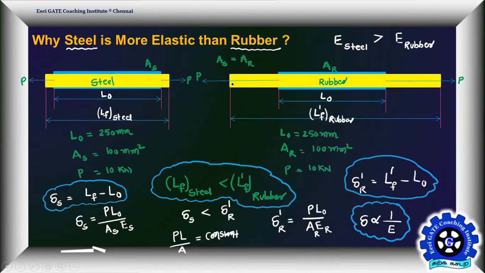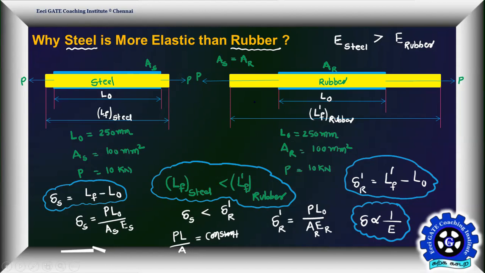Higher the deformation, lesser the chance of coming back to original position. The ease of coming back to original position is nothing but elasticity, and lesser deformation means steel will come back to original position at a faster rate compared to the rubber. That is why steel is more elastic than rubber.